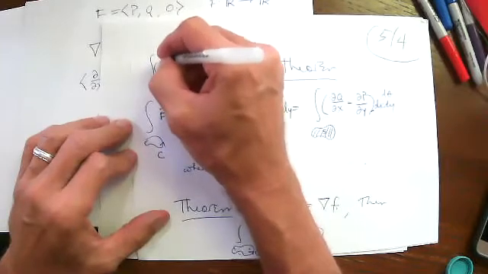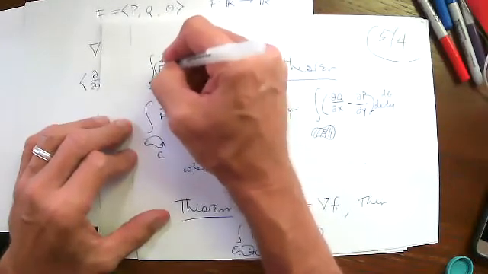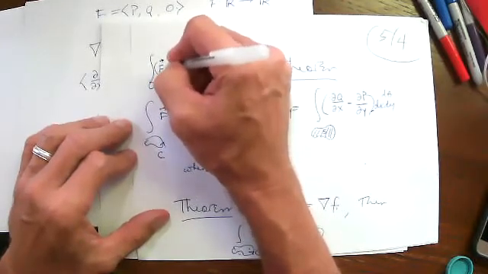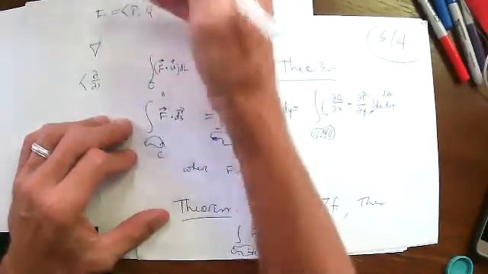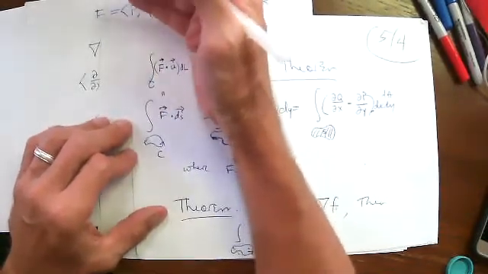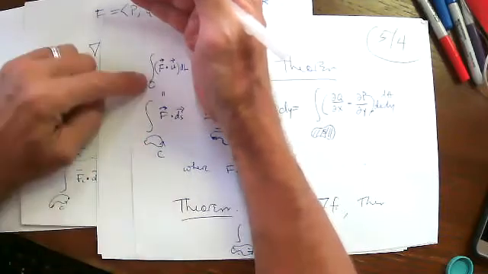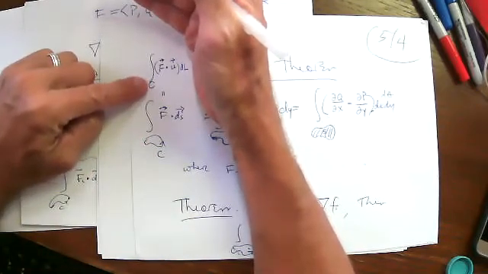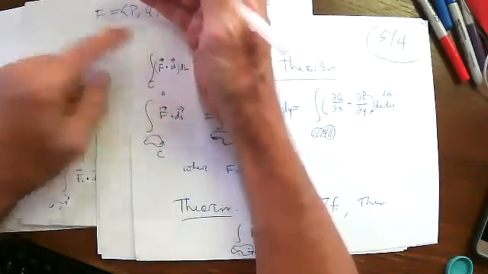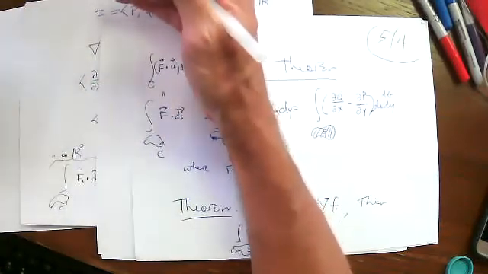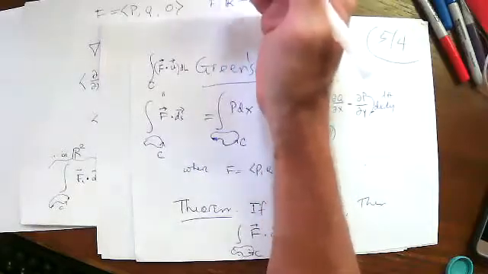You take the dot product of your force field with your unit tangent vector. I think I was calling that a U before, U for unit, not U for tangent. So you guys know how this is computed. You have to begin by parameterizing the curve. And then all this is a function of t, and there's a fudge factor in there and all that stuff.